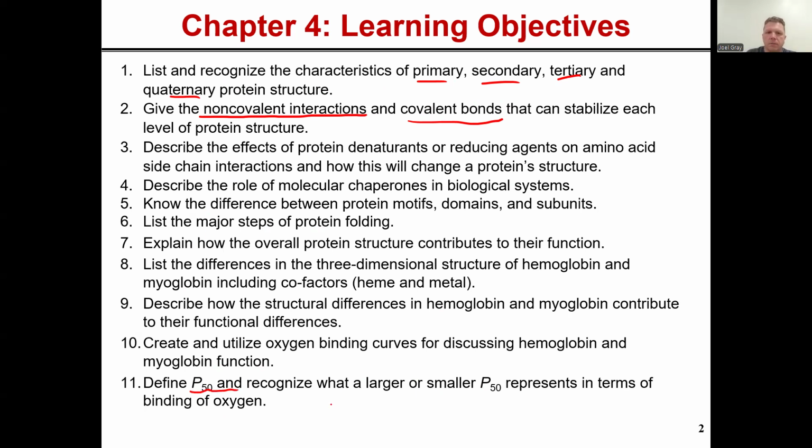Your P50 is the concentration of O2 required for your protein to be 50% saturated.